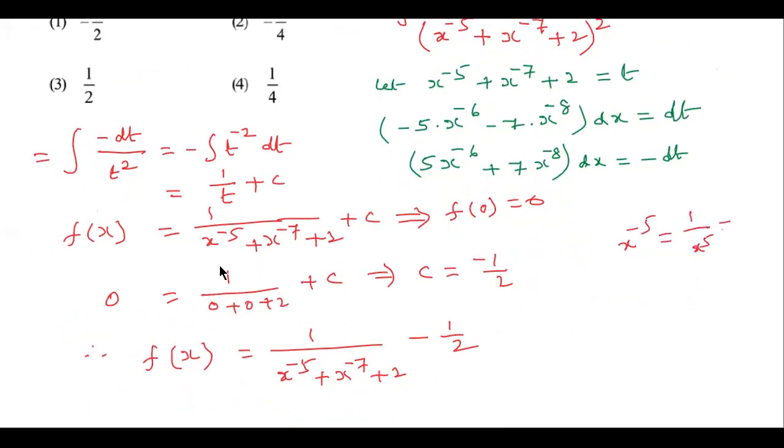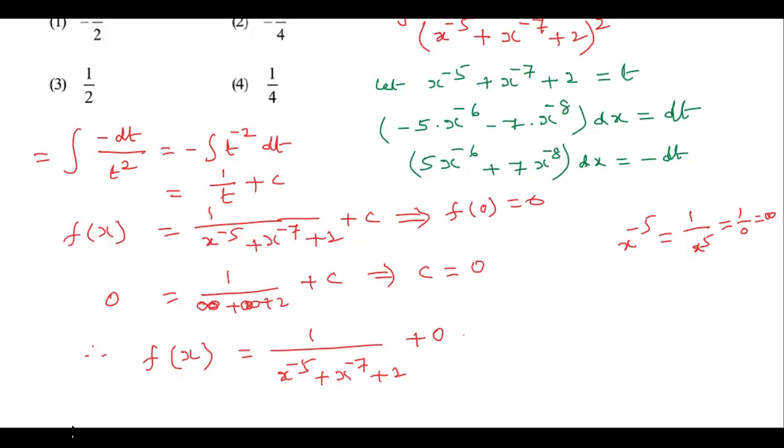If you substitute 0, we get 1 by 0. That value should be infinite. So these two are infinite. Okay. So overall, this value is going to 0 because 1 by infinite, that is 0. Overall, c value is 0. So substituted c value is 0 here.